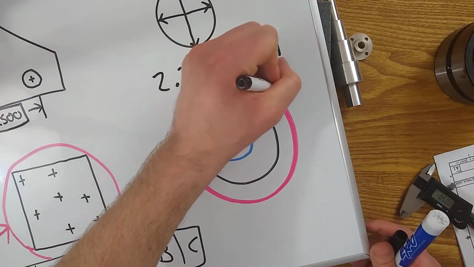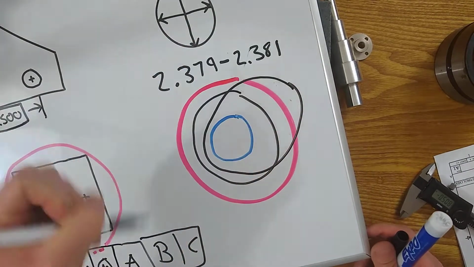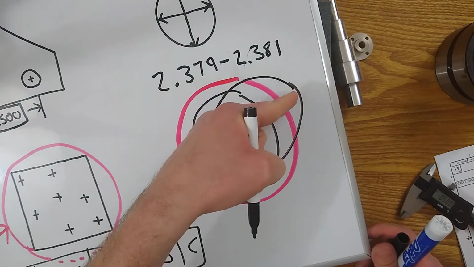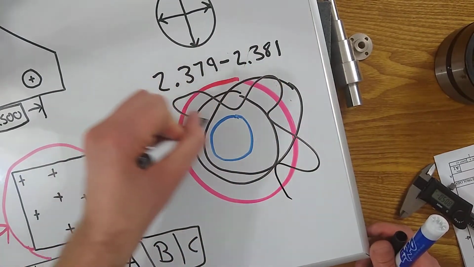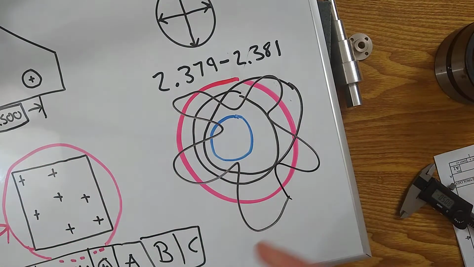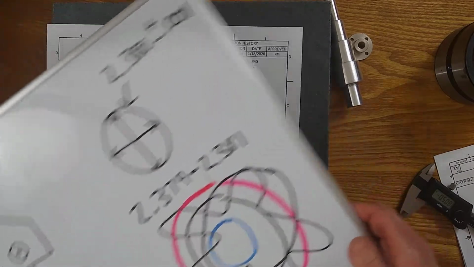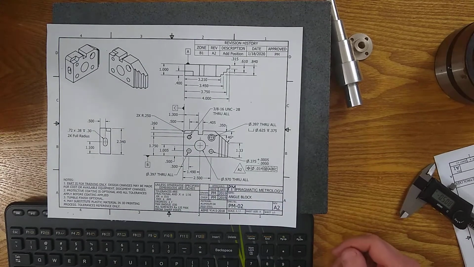It could be that you've got something kind of egg-shaped and most of it's in, but a little bit's out. It could be something wacky, depending on how much you zoom in. So you want to check multiple places, and I went over a lot of this in the whole inspection video, but when you get there, we'll talk about it some more.